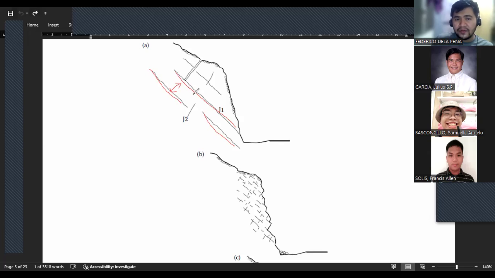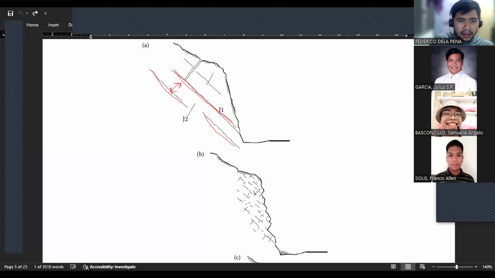They have to be of the same set. What set I'm talking about is basically joints that are parallel or of the same origin. For example, if these are bedding planes, we can consider them as one set. Again, spacing is about the distance between two parallel bedding planes. Sorry, two parallel discontinuities.